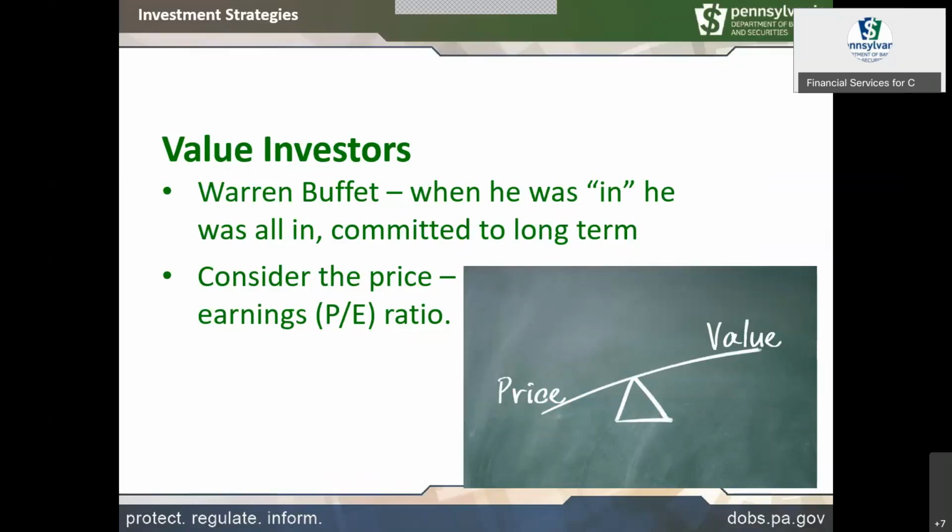And you can find the earnings per share and the current stock price by looking on any of the financial websites. You can look at CNBC, Yahoo Finance. You can look directly on like the stock exchange websites. That's where you can find what those numbers are so that you can come to that price per earnings.